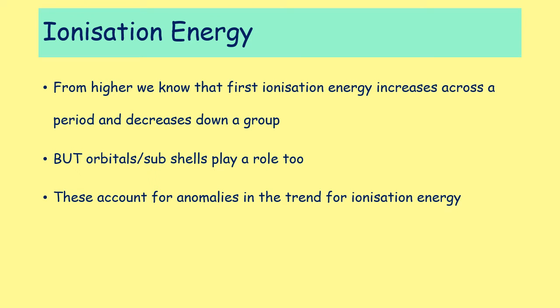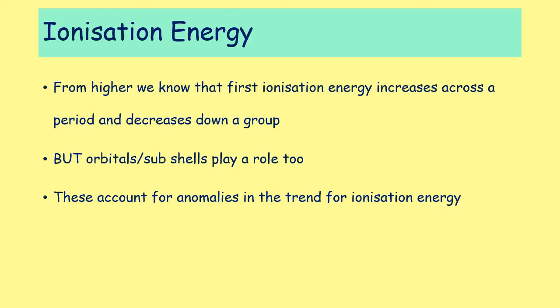So ionization energy at Higher, you were taught that there were two trends when it comes to first ionization energy. Firstly, that it increases across the period due to increased nuclear charge. And secondly, that it decreases down a group due to increased number of filled electron shells and an increased screening effect.